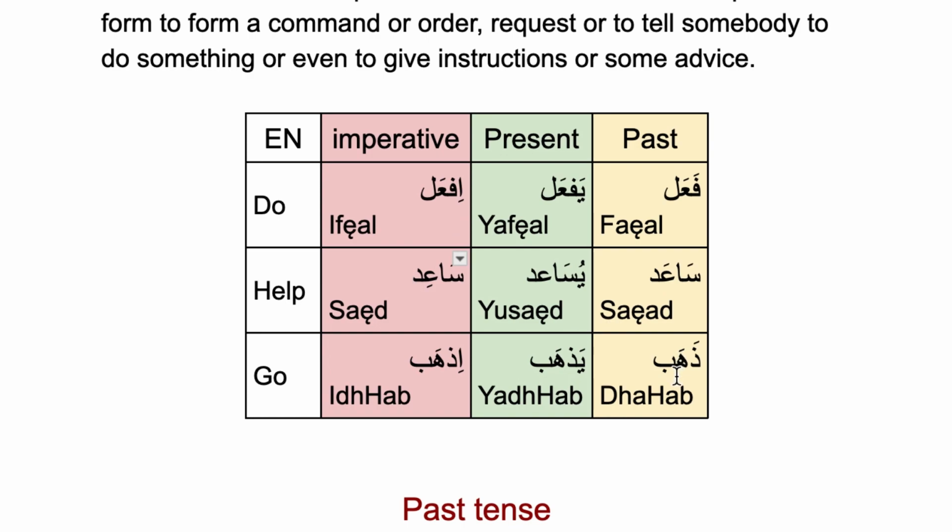Now the next verb, dhahab, means went in the past tense. The next, yadhab, means going. Idhab means go. And as we mentioned earlier, everything in the imperative column is used to tell somebody to do something.